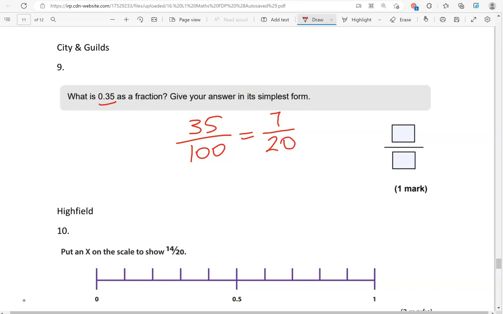That's not the case for 7. Can I divide by 3? No. By 5? No. I can divide 7 by 7 and it will give me 1, but I can't divide 20 by 7 to give me a whole number. So this tells me 7/20 is the simplest form.